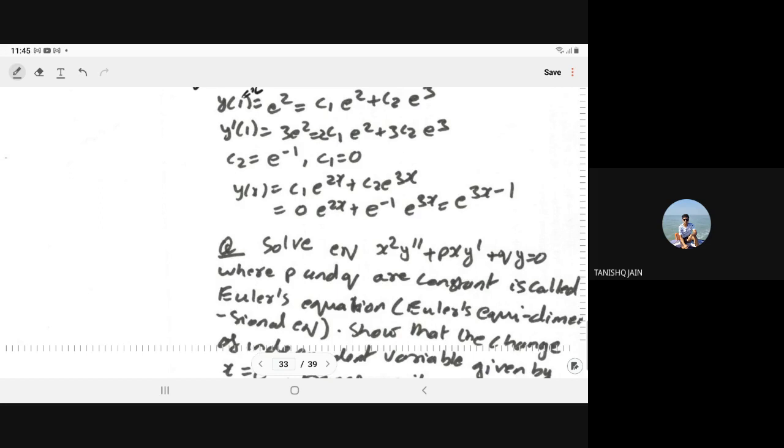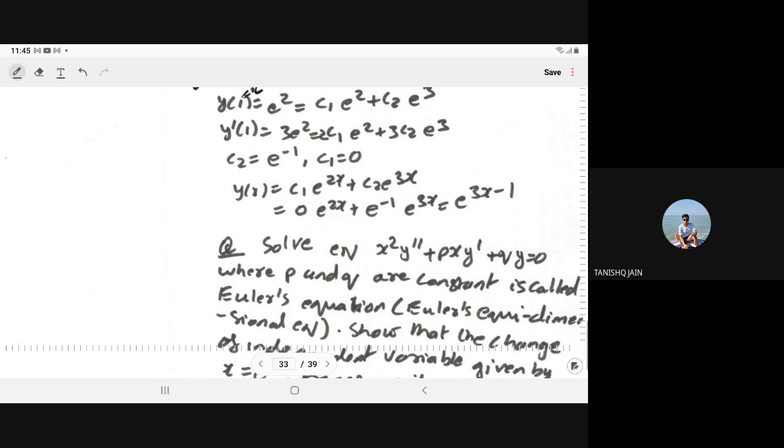Solve the equation x square y double dash plus p x y dash plus q y is equal to 0, where p and q are constants. This is called Euler's equation, or Euler's equidimensional second order differential equation.